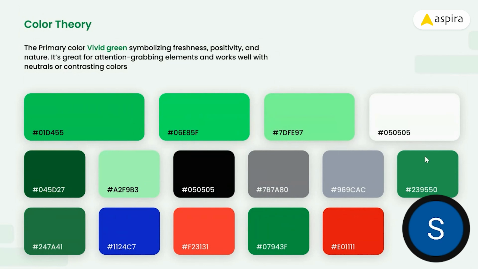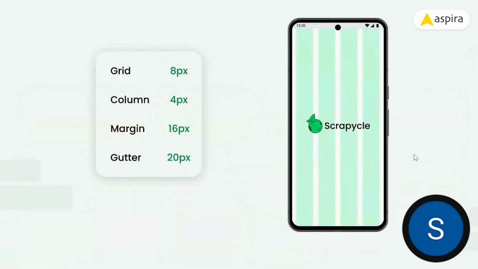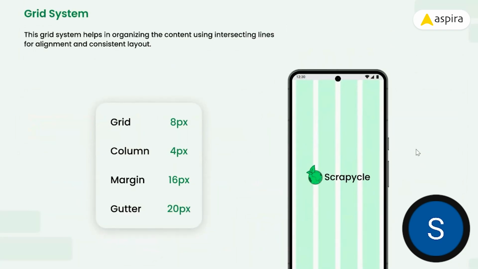All other colors are mentioned here, and white has been used as the background color. The main text color is black, and secondary text colors have also been used. The grid system I have used is an 8-point grid for designing all my screens.